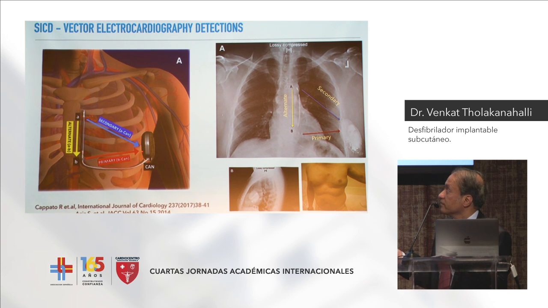So if that doesn't work, then it actually uses the alternate route. So there are 3 electrodes, one electrode here, second electrode here, and of course the defibrillator can here. So it uses these 3 different axes so that it can read the electrograms.